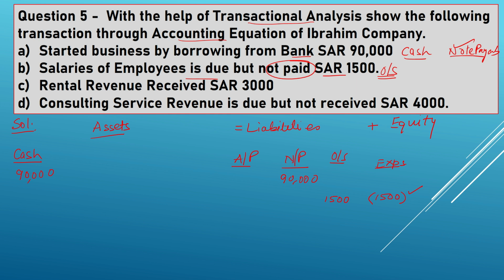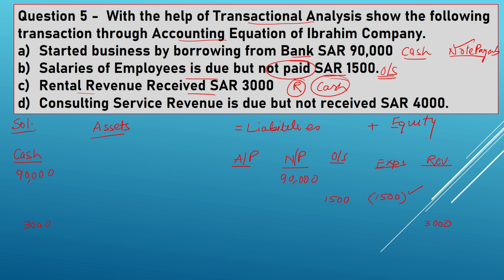The third is rental revenue received. So revenue is clearly revenue, and rent you are receiving, so it will be cash. So for revenue, I will make one more column here under the equity. Okay, so cash is increased, go to the cash, 3,000. Okay, and revenue increased 3,000.